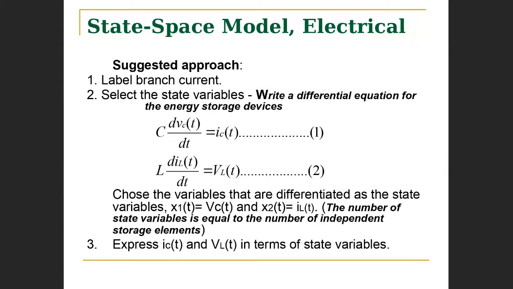Now, the statement says, choose the variables that are differentiated as the state variables. Let me take a question from Burns. Yes, sir. I was just wondering if there is a specific rule to follow when choosing the subject of the formulas. What formula are you referring to? Formula 1 and 2. For instance, in Formula 2, current wasn't the subject of the formula. Current, not the subject.